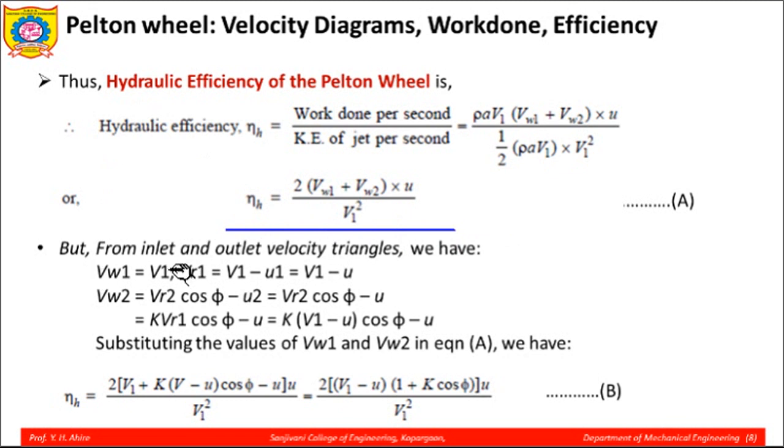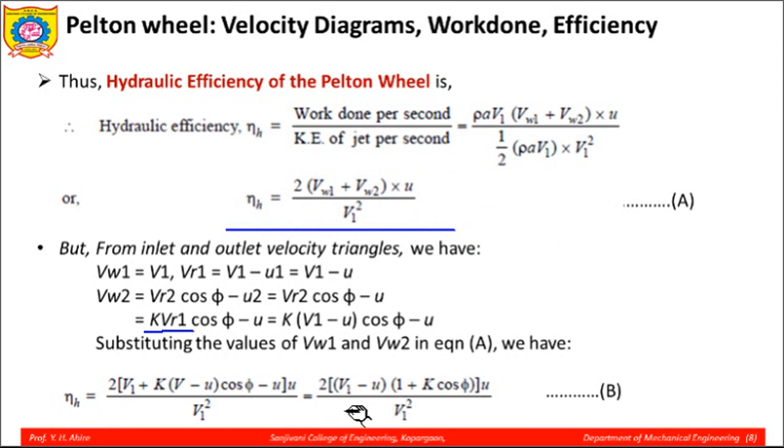From the inlet and outlet velocity triangles, we can substitute for Vw1 and Vw2. Vw1 can be substituted as Vr1 plus U, where Vr1 is nothing but V1 minus U. Vw2 is equal to Vr2 cos phi minus U. So substitute for Vr2 as k times Vr1, giving k into (V1 minus U) cos phi minus U. Put this Vw1, Vw2 in the formula of hydraulic efficiency, equation A, and simplify.